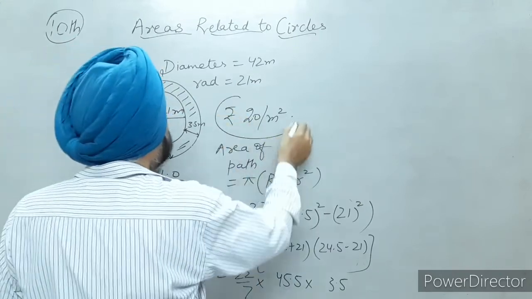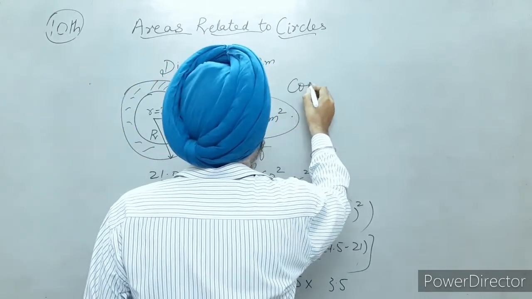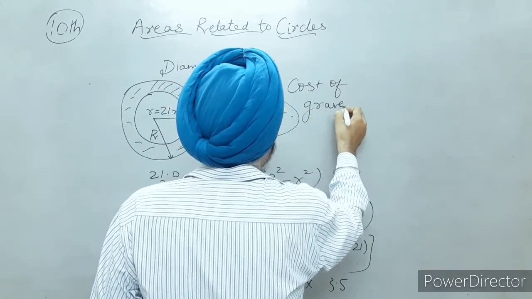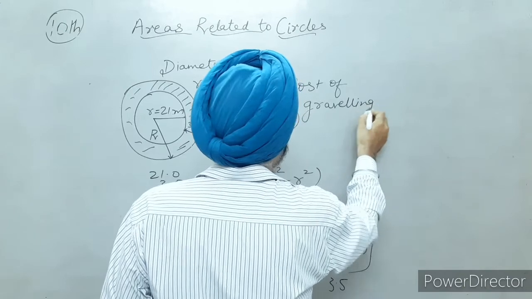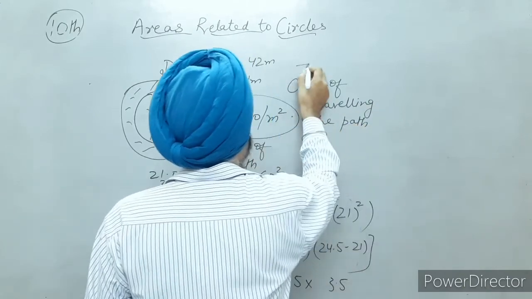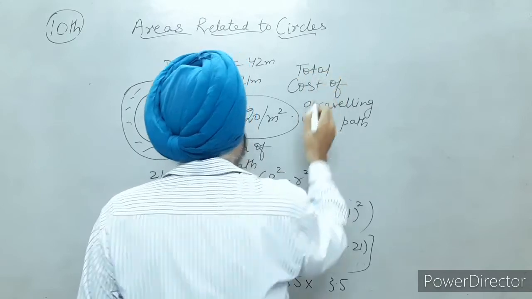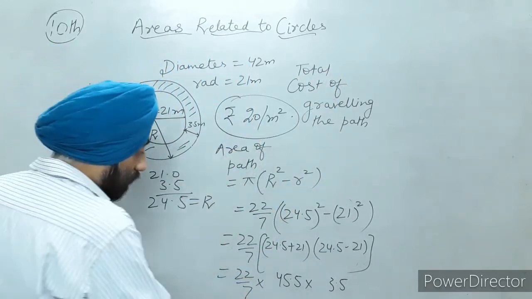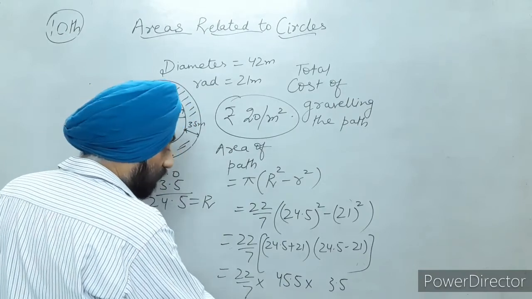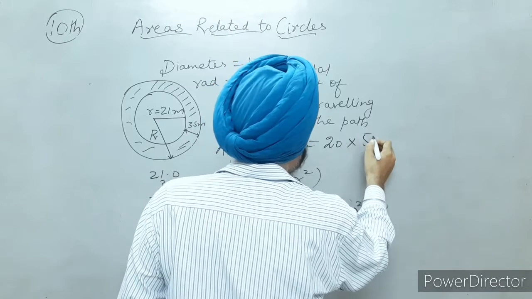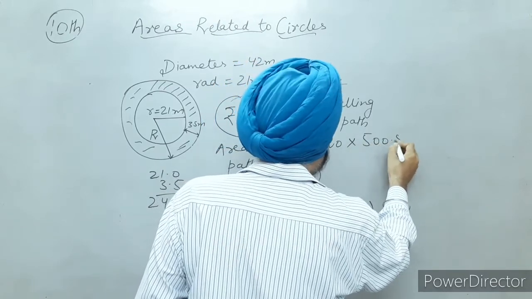Now the cost of graveling the path, the total cost. The rate given was rupees 20 per meter square. Now my area is 500.5 meters square. Just multiply this, 20 multiplied by 500.5.